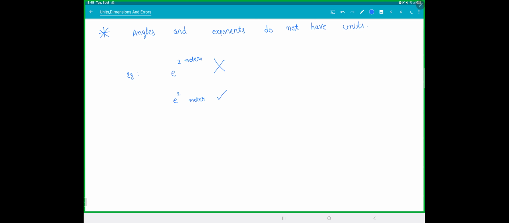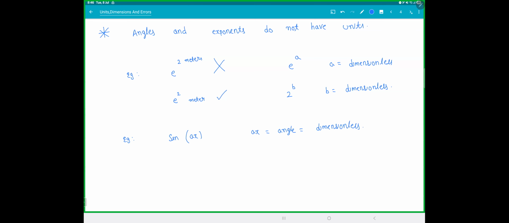So you cannot have anything like that. If you have e power A, A should be dimensionless. If you have 2 power B, B must be dimensionless. So the powers cannot have any dimensions. Similarly, angles also don't have any dimensions. So if you have something like sine of AX, this AX is an angle, so that quantity A into X must be dimensionless. So just keep that in mind.